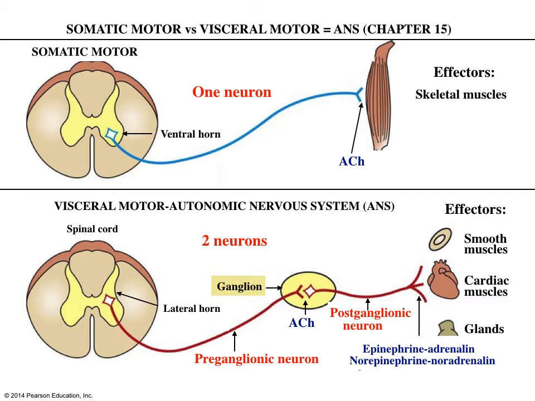The second one is the postganglionic. Without exception, the preganglionic neurons secrete ACH. However, the postganglionic neurons, depending on which division of the ANS, sympathetic or parasympathetic, will then secrete either epinephrine (adrenaline), norepinephrine (noradrenaline), or ACH.